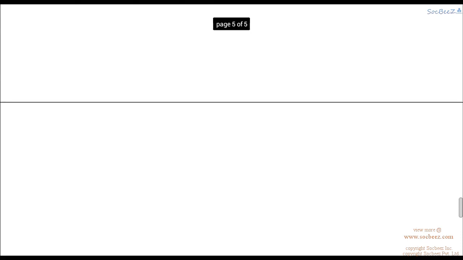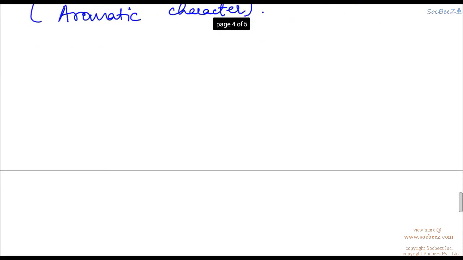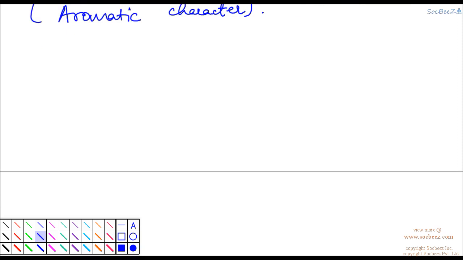Now let's also see some facts regarding the allotropes of carbon.